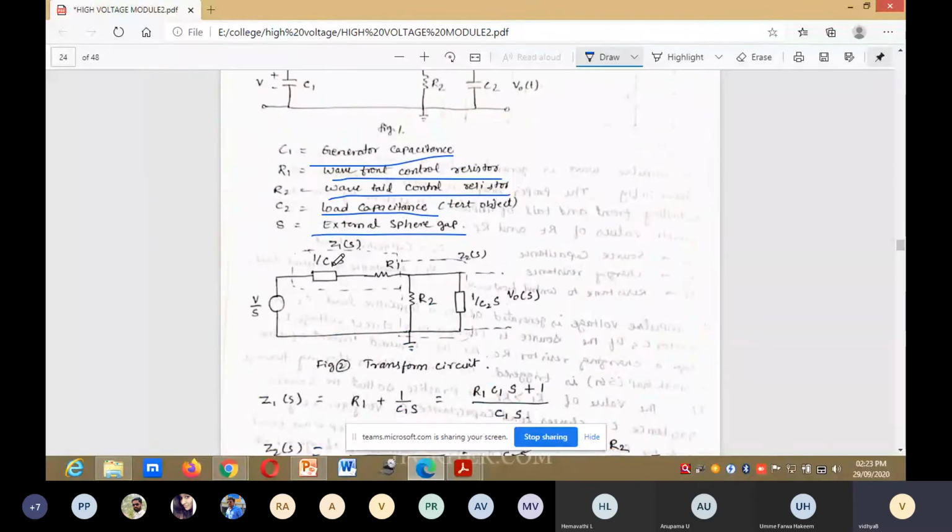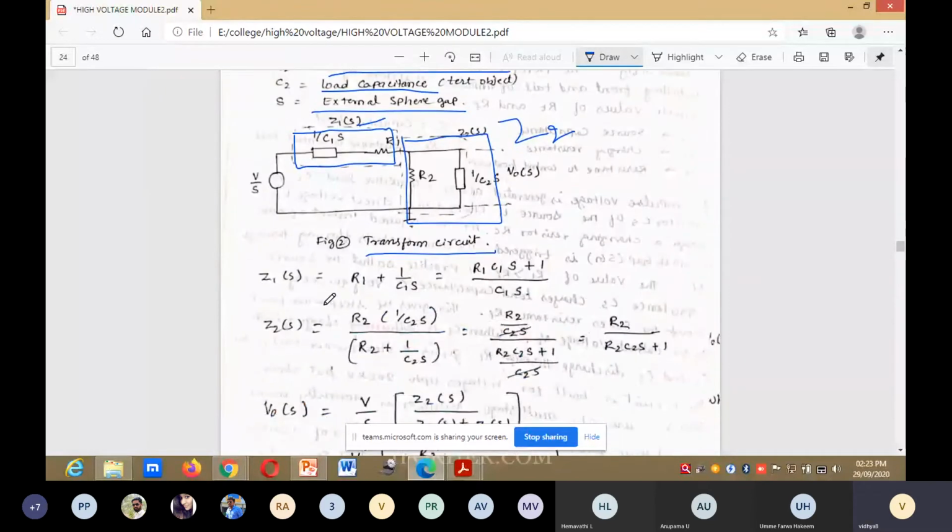This is the block transform circuit. This diagram we have converted into blocks. This one is Z1 and this one is Z2.